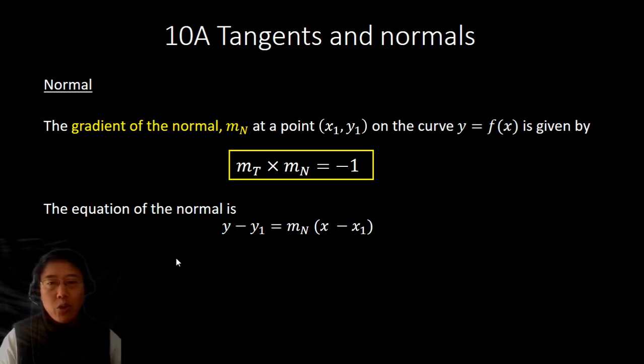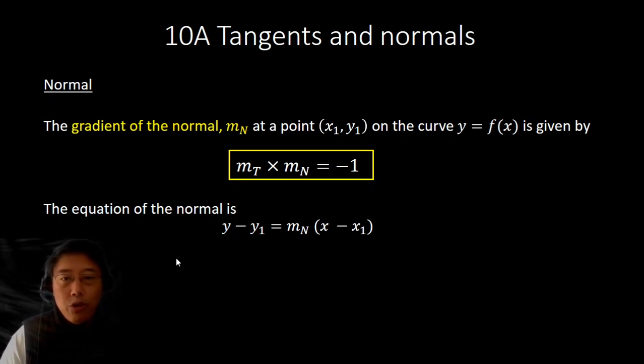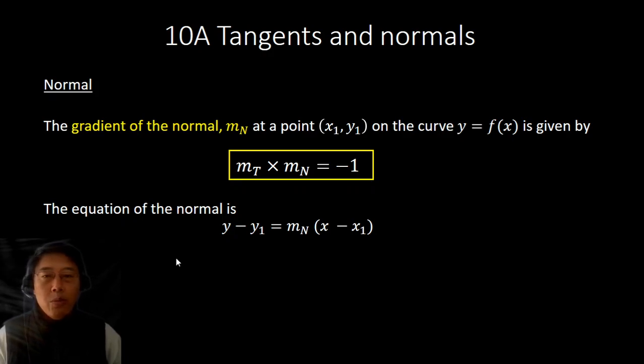Another particular straight line is what we call the normal. The normal is a line that is perpendicular, or at right angle, to the tangent. We annotate the gradient of the normal m_n. To determine its value, you need to know that the tangent and the normal are two lines that are perpendicular.